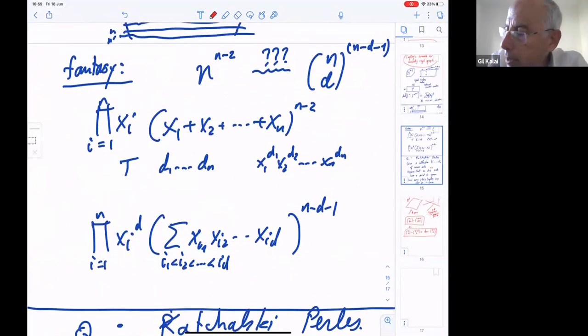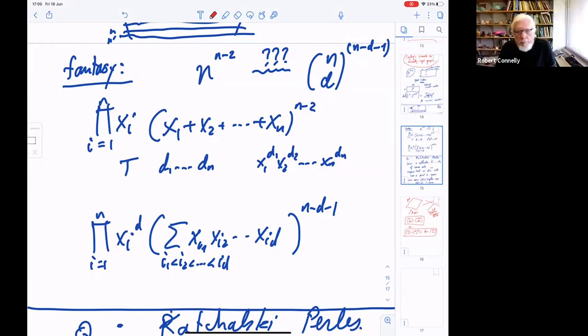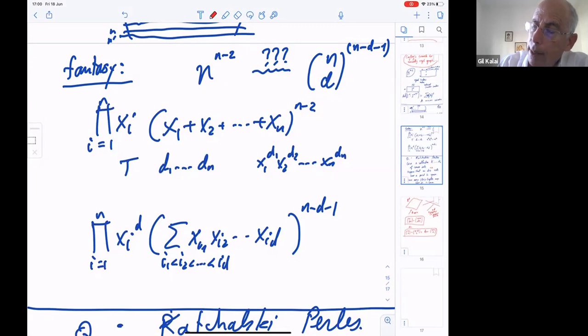So the theorem about trees is that the number of labeled trees is n to the power n minus 2. And if you weight every tree with weights x1 to the degree of vertex 1, x2 to the degree of vertex 2, up to xn to the degree of vertex n, then the sum of these weights is equal to the product x1 up to xn to the power n minus 2.